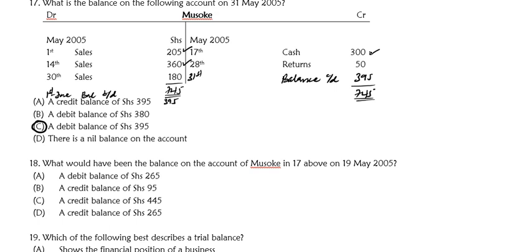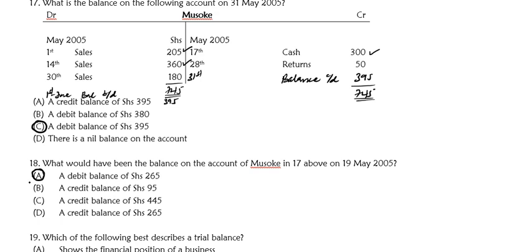When I consider the two sales for 1st and 14th May, and then the cash that was received on 17th, the account will be having a debit balance of 265 on 19th May. So ignore the transaction on 30th, also ignore the transaction on 28th. So get the 205 plus 360 minus 300, the balancing figure will be on the credit of this account.